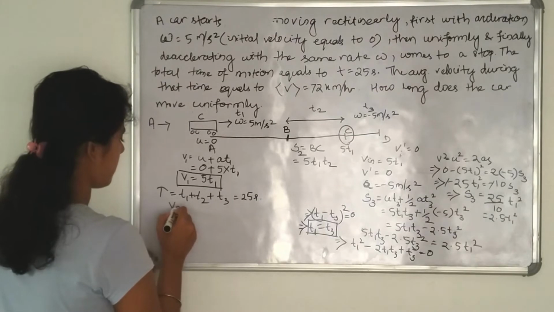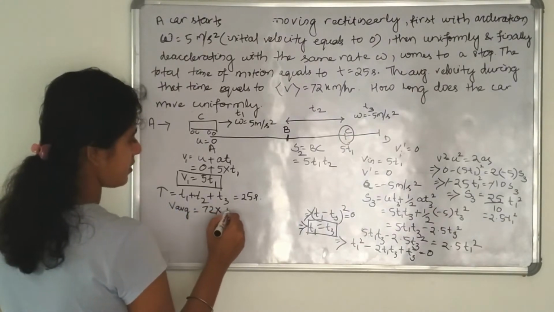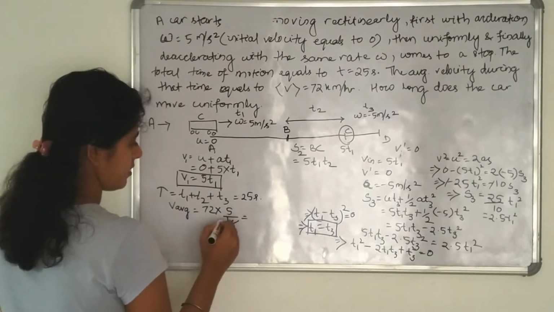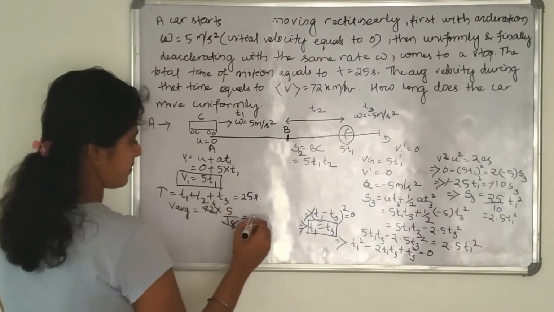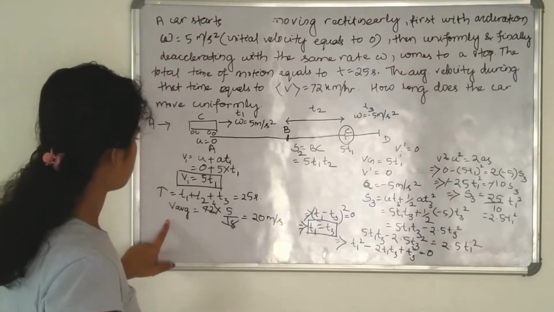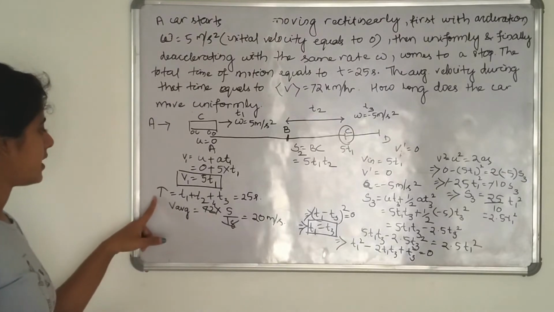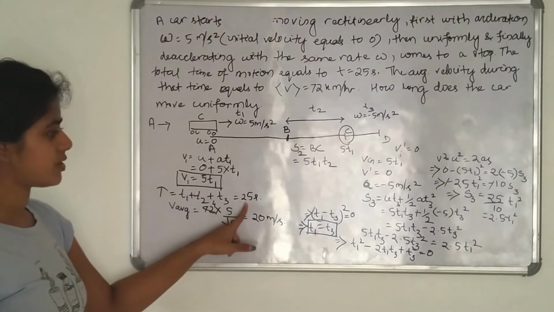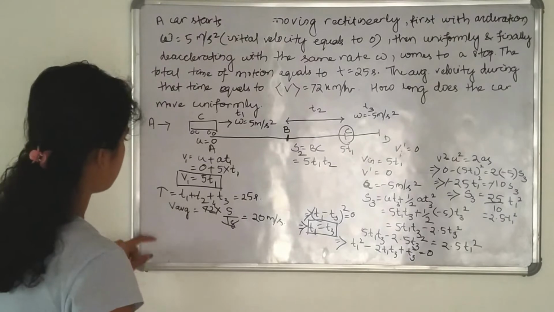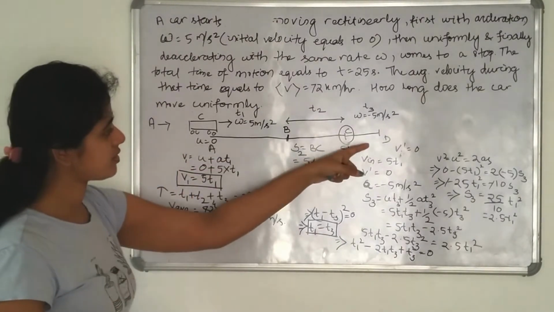The average velocity is 72 into 5 by 18. 18 4s are 72, 4 into 5 is 20 meter per second. So here we have V average is equal to 20 meter per second and the total time is 25 seconds. From this we can calculate the total distance which it covers.